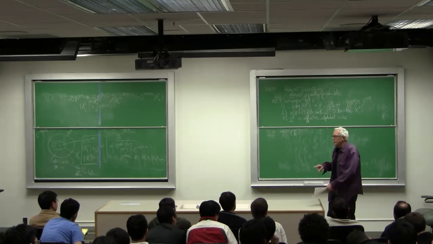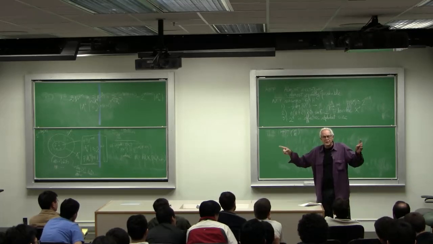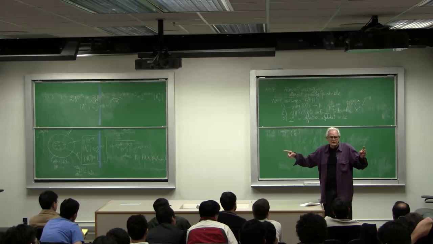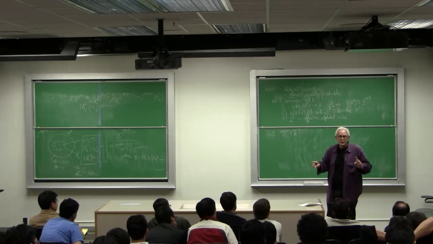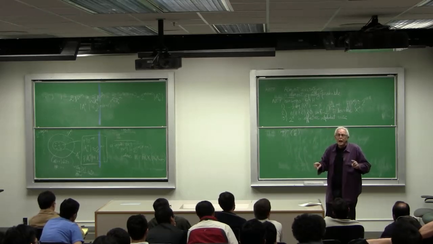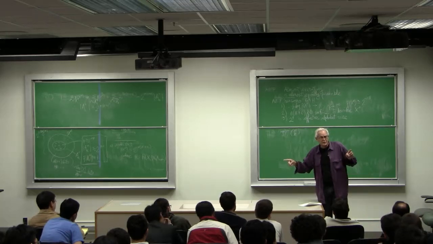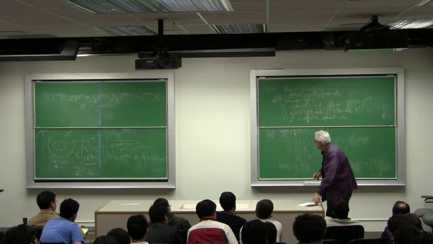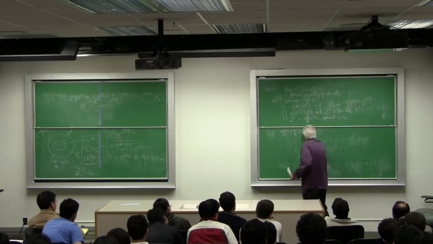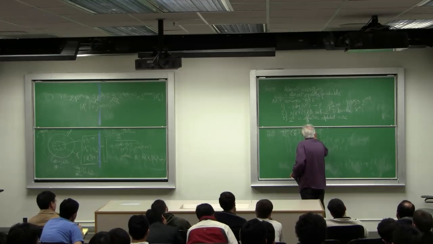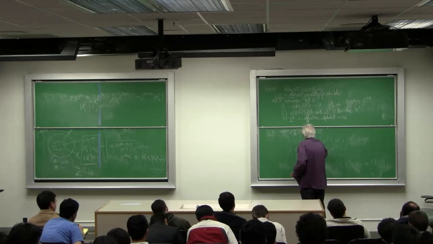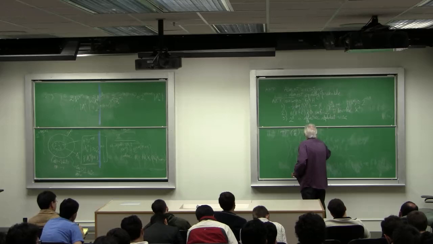Or if I wish to put it another way, I have N sequences of 1s and 0s, and there are K 1s in the sequence. How many such sequences are there? Well, I choose them this way. This is N factorial over K factorial times N minus K factorial.